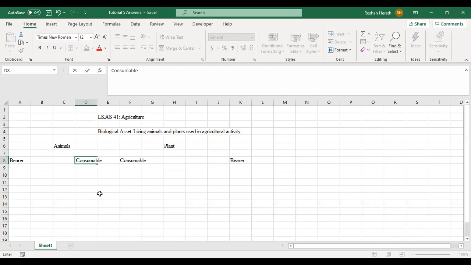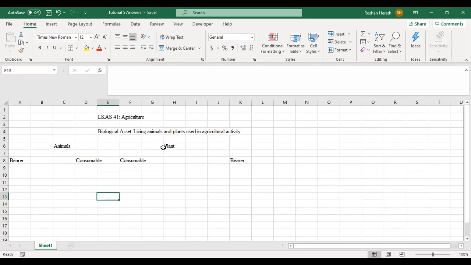Depending on the nature of the agricultural activity, you can do this kind of classification. So it's about bearer or consumable: bearer animals, bearer plants, consumable animals, consumable plants. Then let's take some examples for each of these categories, then only this would be more convincing.